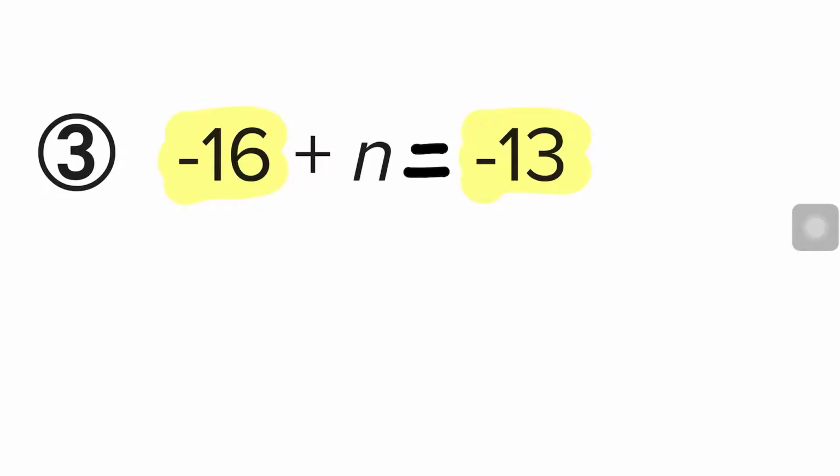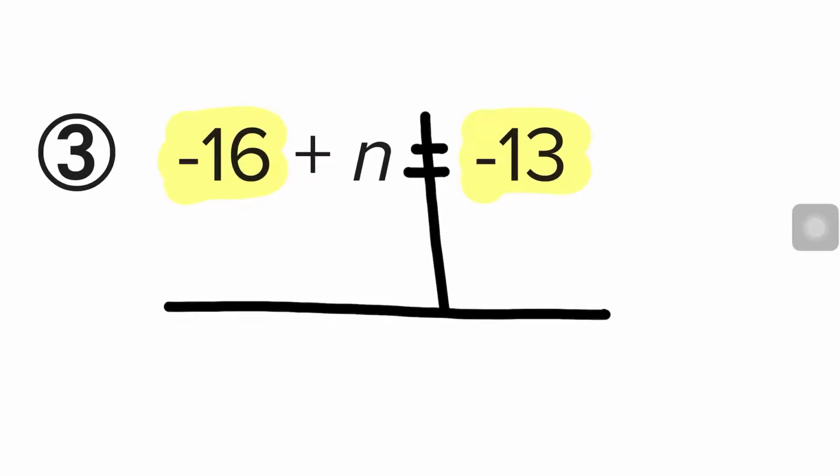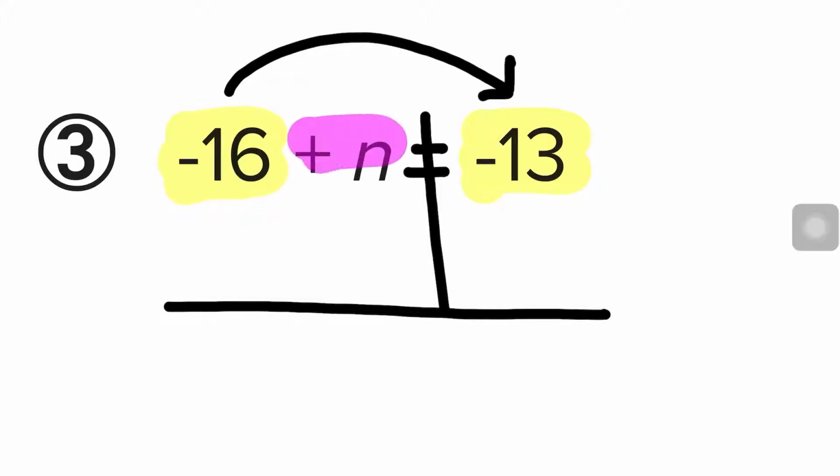Now these constants, they want to be together. So I have to make sure that the negative 16 goes to the right side, because your variable likes to be by itself. Because we're solving for that variable, so it has to be by itself.